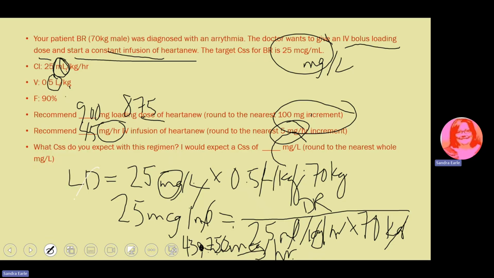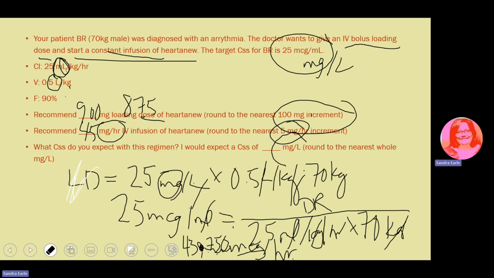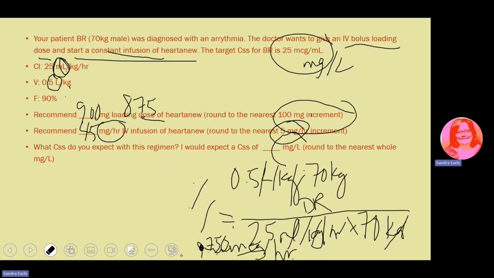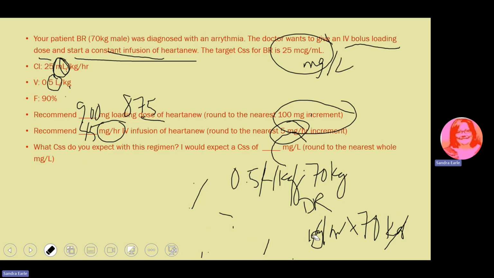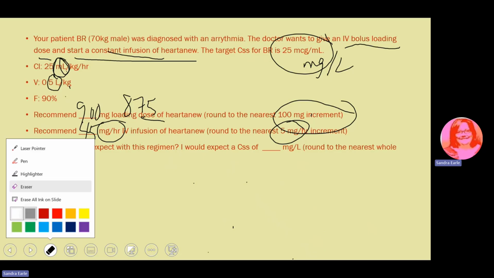Now, what CSS do we expect at this regimen? So we had to round up a little bit, right? So we're going to be a little bit higher than our goal of 25 milligrams per liter. What CSS will we expect when we give this dose?